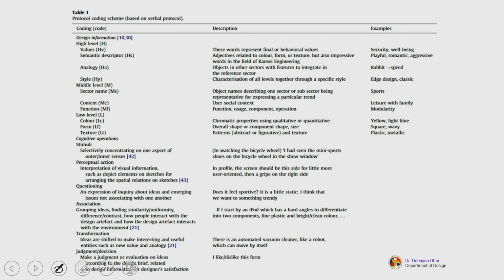Now, in this slide what you see is that I have identified some of these codes. There is an interesting way of approaching this coding strategy. Either you can come up with your own codes completely, or you can refer to these codes that you can see here. I have taken these codes from a paper, and they relate to something called design information and cognitive operations.